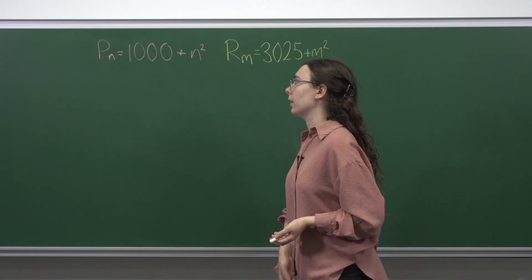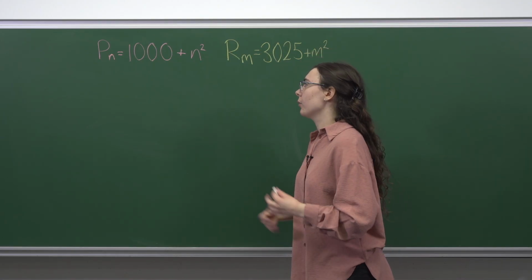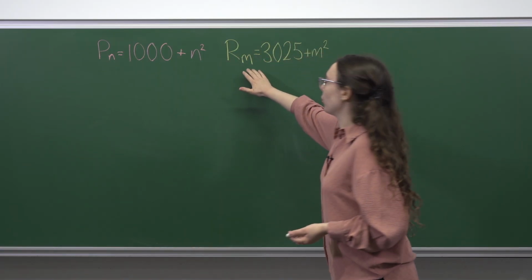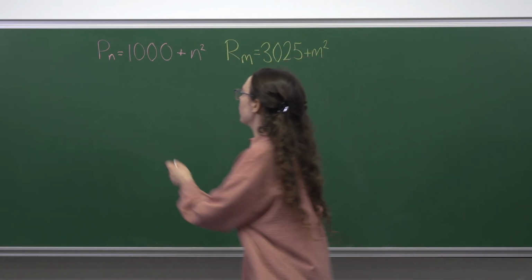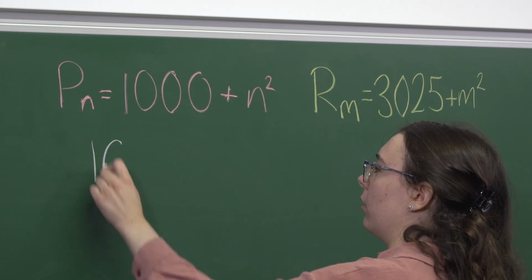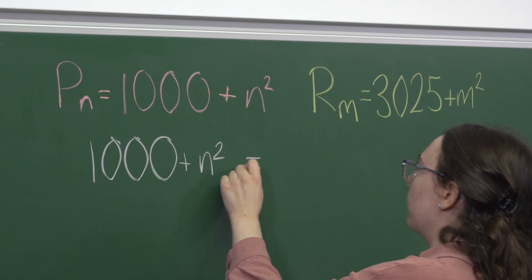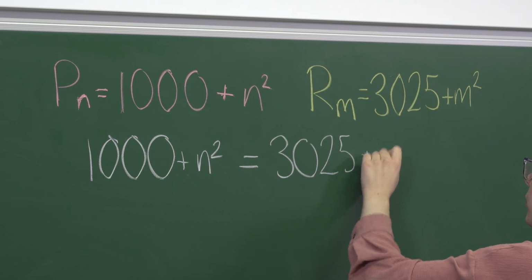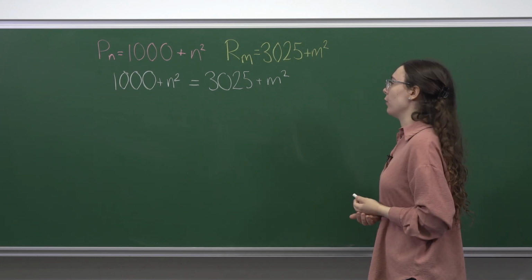So we're now interested in which numbers are in both sequences, i.e. which numbers are Pn for some n and also Rm for some m. So we're interested in solving the equation 1,000 plus n squared equals 3,025 plus m squared.